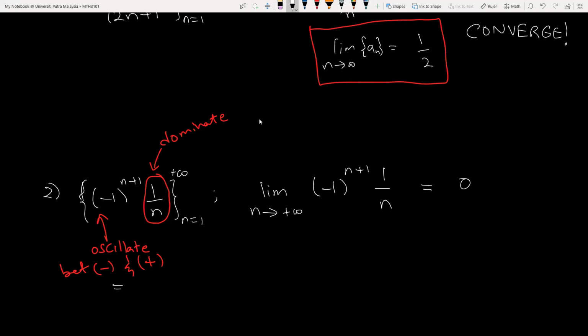It doesn't matter if it's positive or negative, this all will be close to 0.